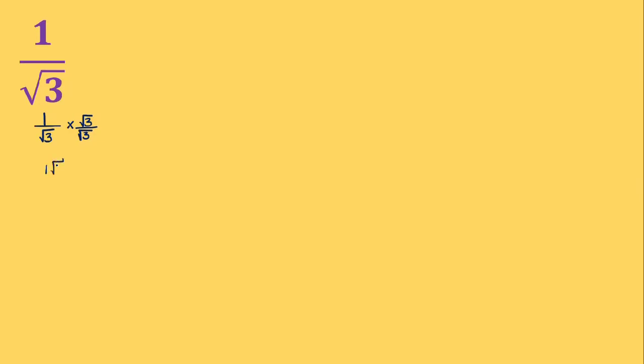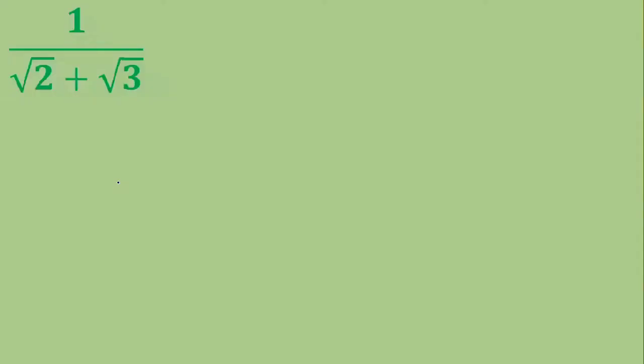Now multiply numerator with the numerator. 1 into root 3 is 1 root 3, divided by root 3 into root 3 is 3. So 1 root 3 is root 3, divided by 3. Now the denominator has become a rational number. This is how we rationalize the denominator.